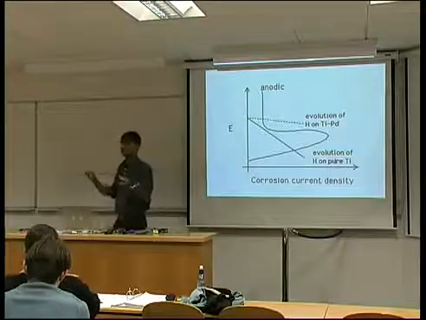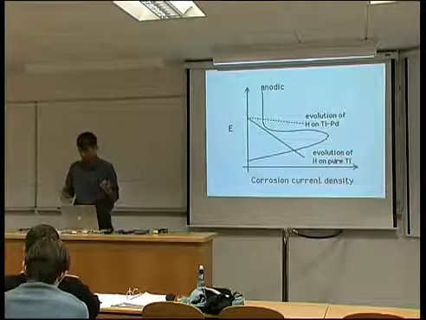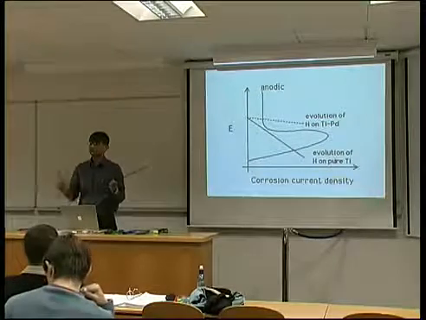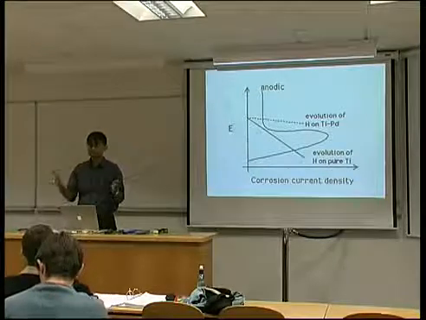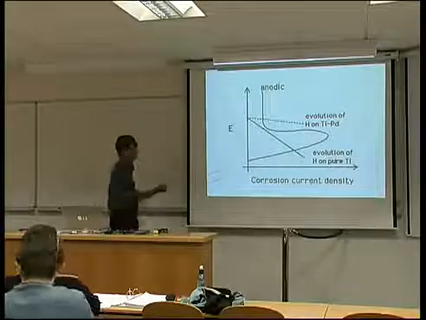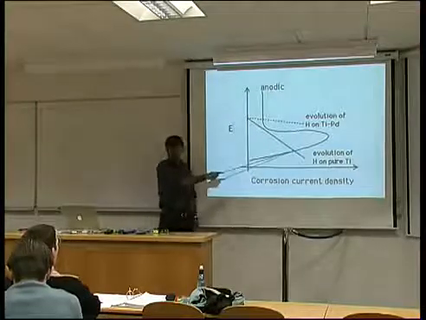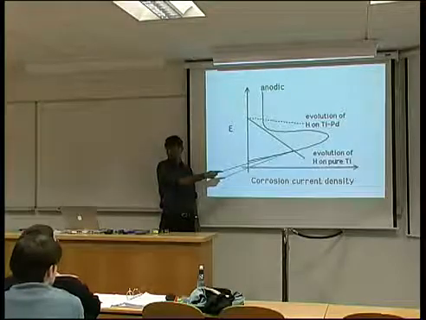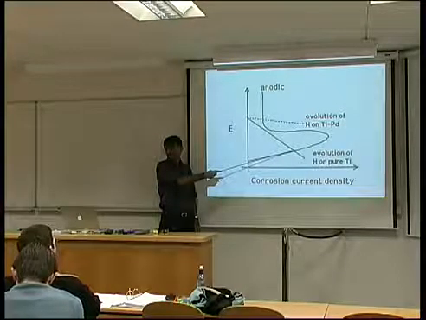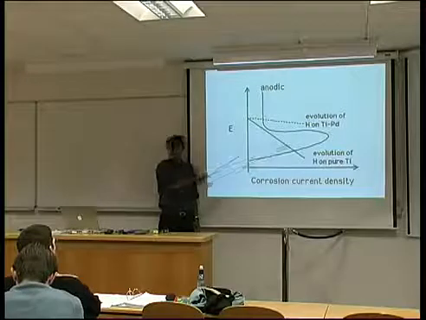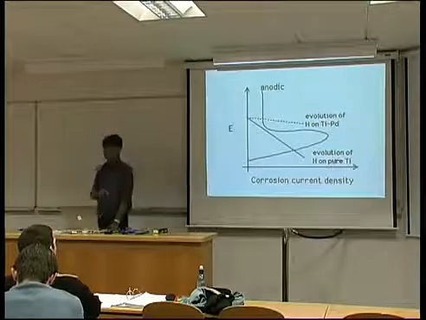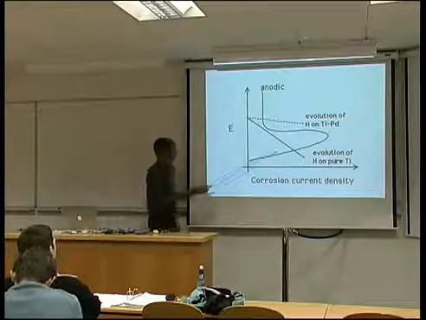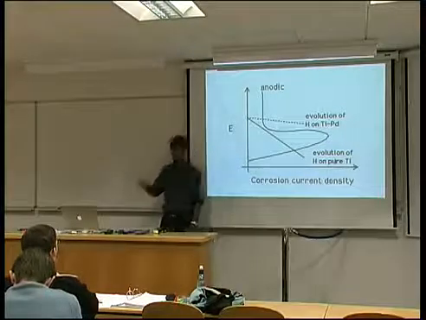Now of course the anodic and cathodic reactions must be balanced, mustn't they? You can't have current going from anode to cathode without balance, so clearly they must be balanced. So this is the net corrosion rate for pure titanium, where the current densities are balanced. Everyone happy with that?